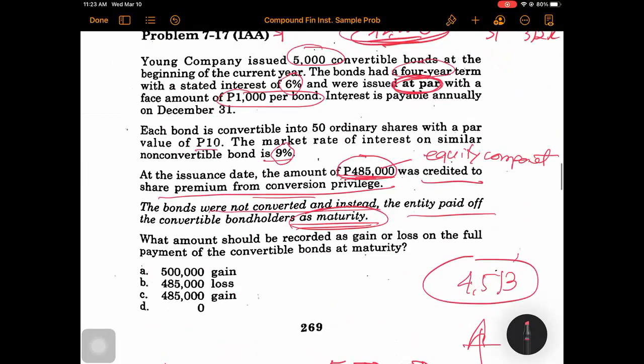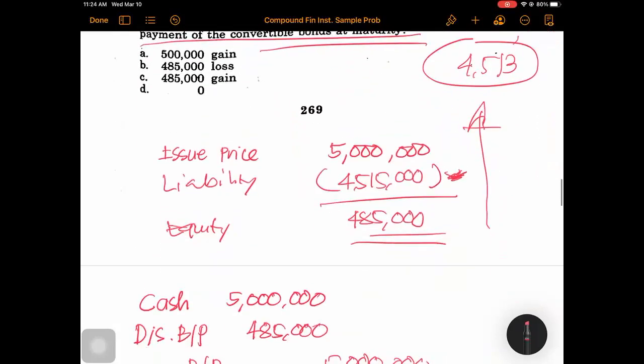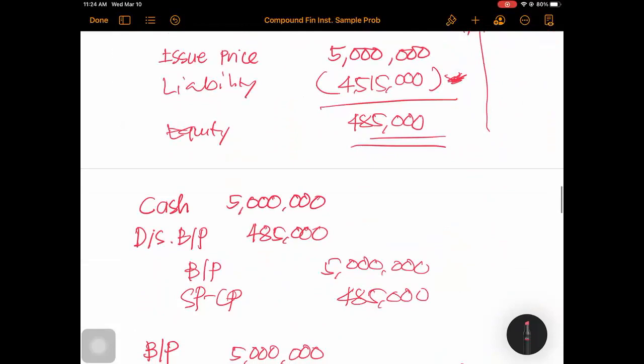Question. What amount should be recorded as gain or loss on the full payment of the convertible bonds at maturity? Naa bay gain or loss? Okay, wala, di ba? Because again, if you pay the liability, the convertible bonds at maturity date, there's no gain or loss.